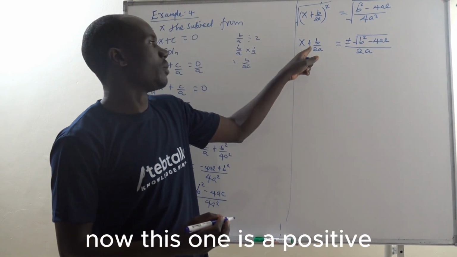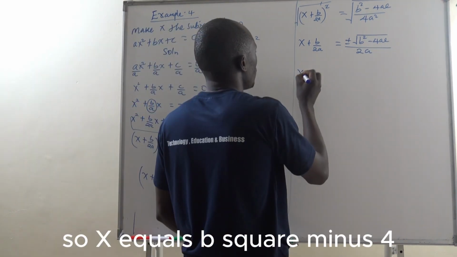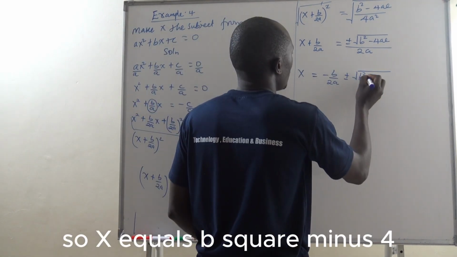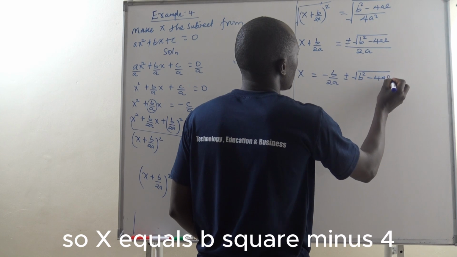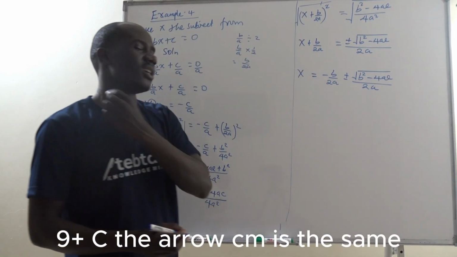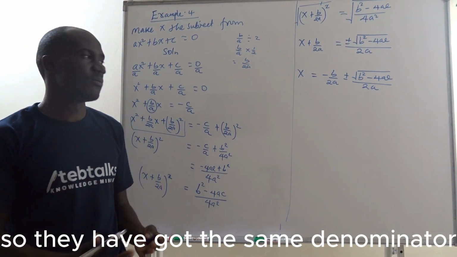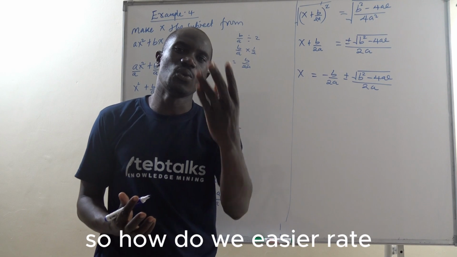Now, this one is positive. When it goes to that side, it becomes negative. So x equals negative b plus or minus root of b squared minus 4ac all over 2a. Now you can see the denominators are the same, so how do we easily write it?